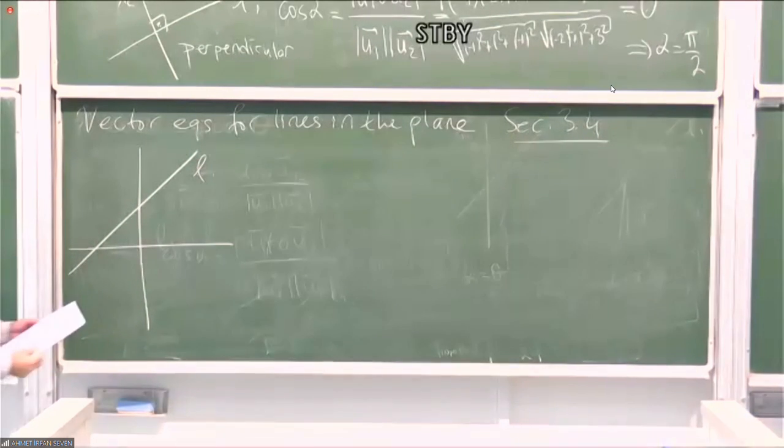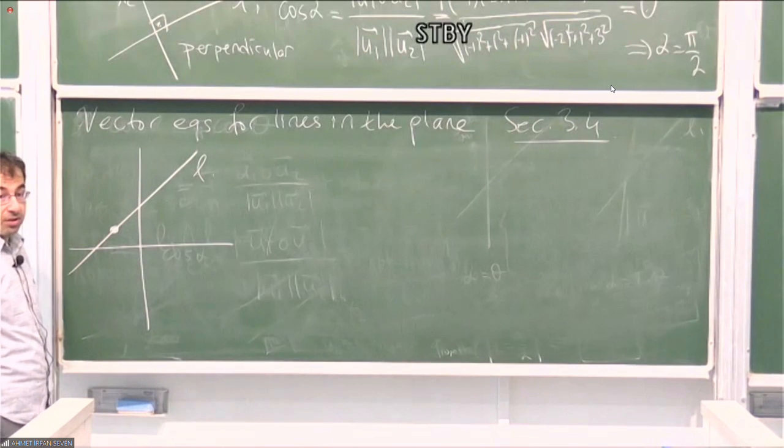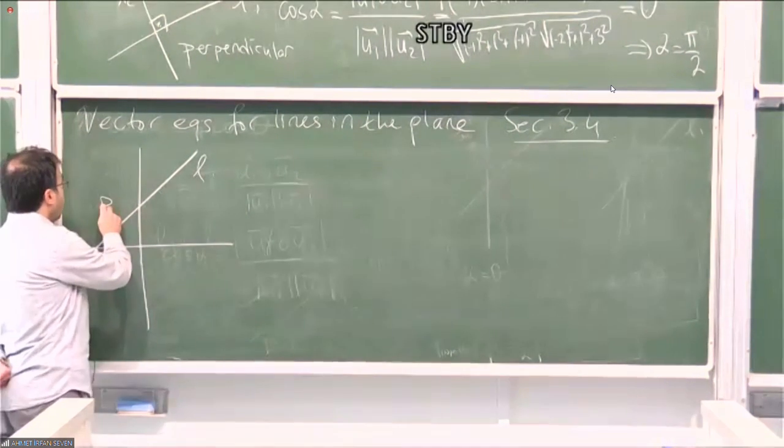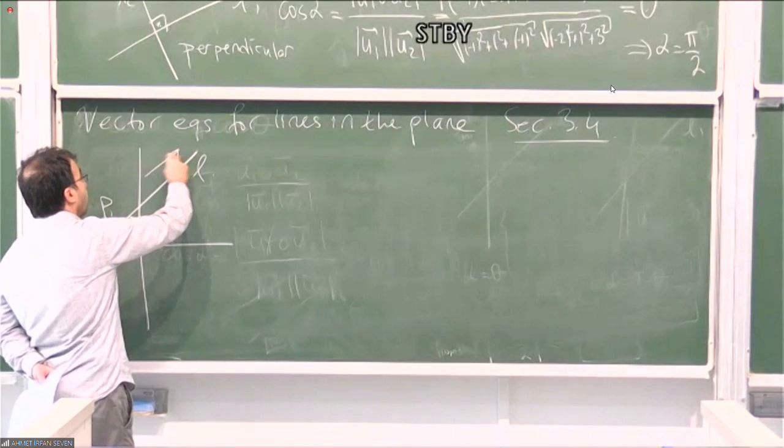Let's say this is our line L. Again, as we did in space, let's say that this line passes through P1 in the direction of a direction vector u.